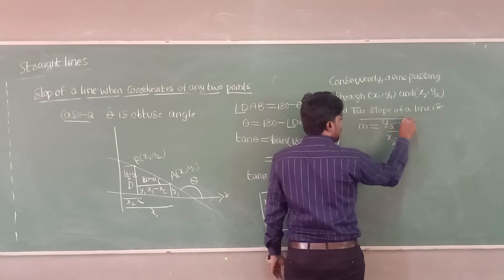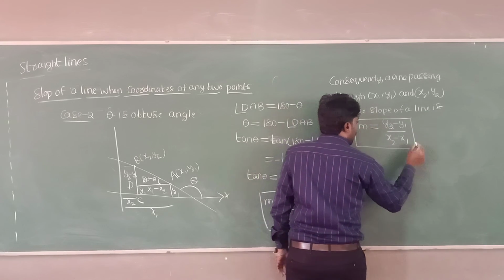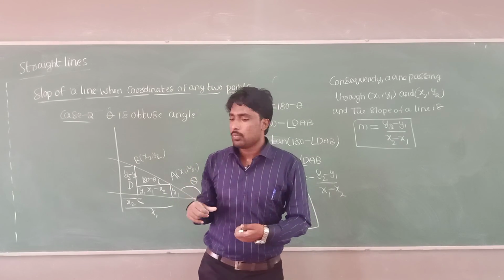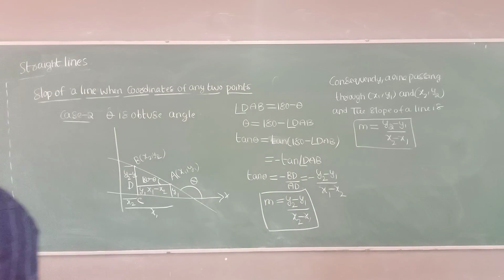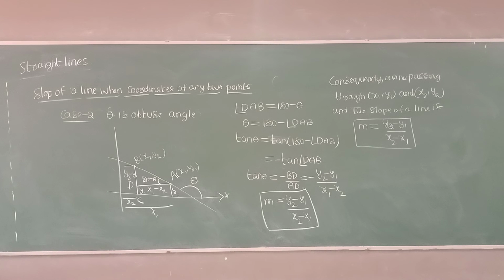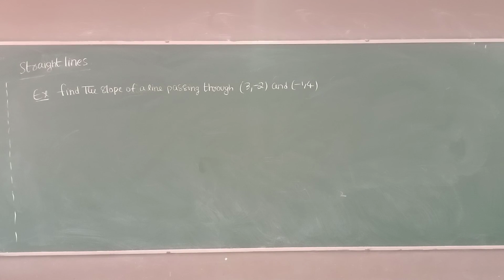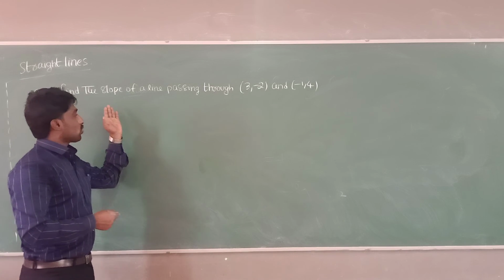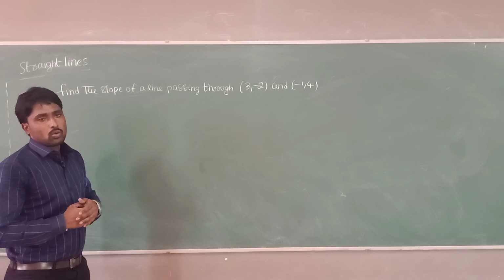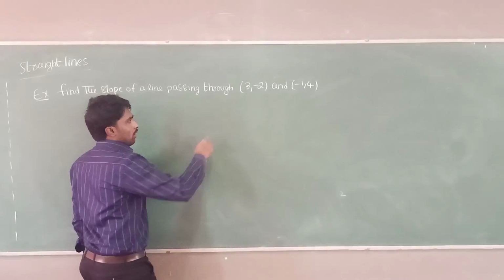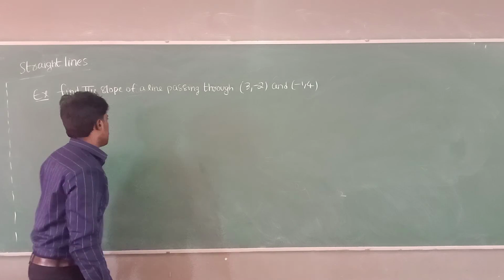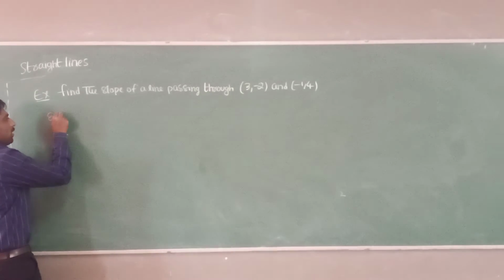Is it clear, everyone? Now, based on this formula, I have to discuss one example. All of you note this down. Find the slope of a line passing through two points, 3 comma minus 2 and minus 1 comma 4. Now what is the formula?